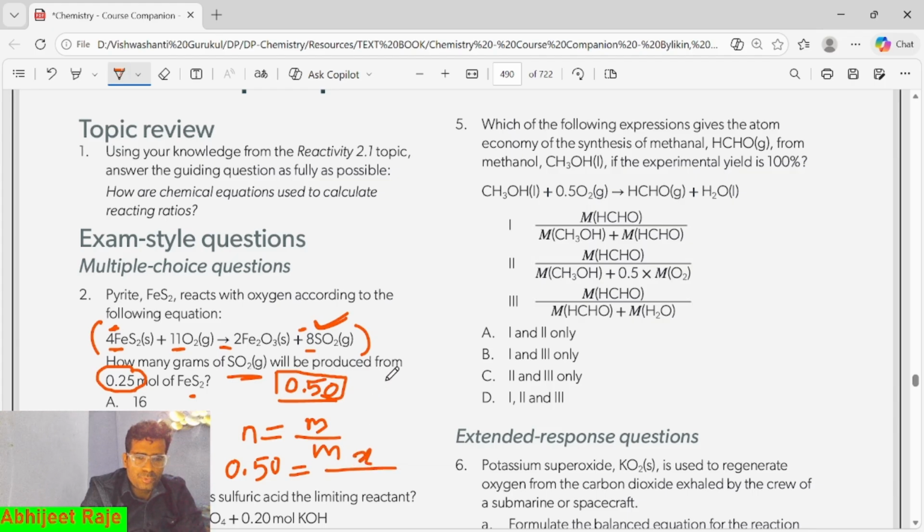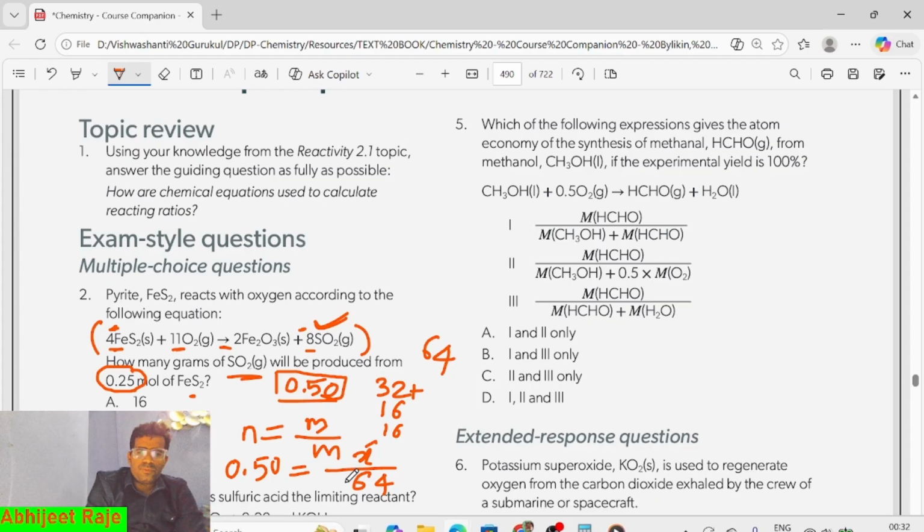Molar mass of SO2 you have to find. The sulfur has atomic number 16, mass number 32. A single oxygen has atomic mass 16. Since two oxygens are there, this is 16, 16, so this is 32, and this again 32. So in total it will become 64. So the molar mass of SO2 will be 64, correct? We want this X, simple cross multiplication, 0.50 into 64.